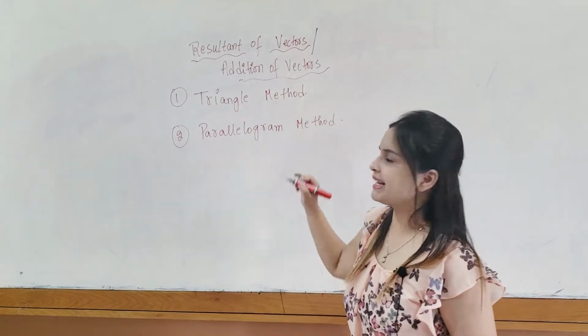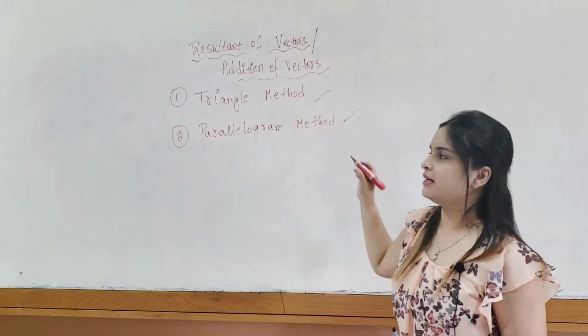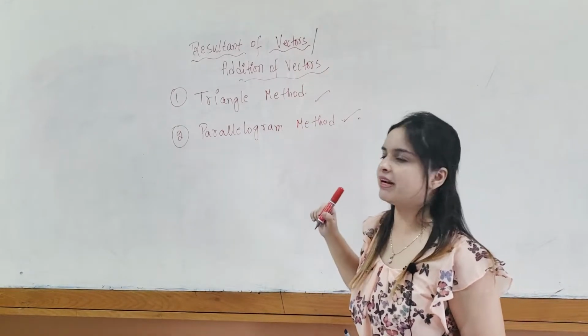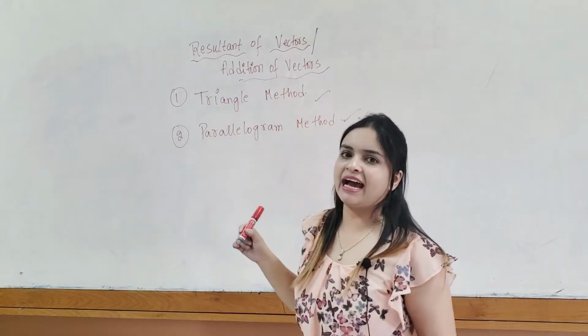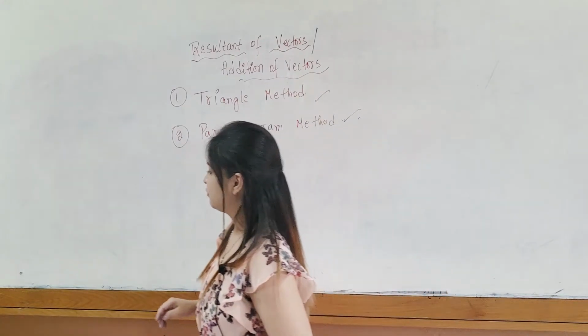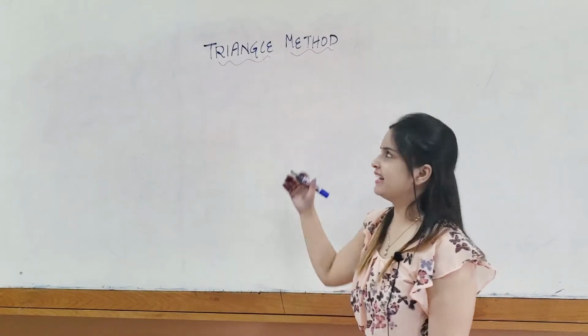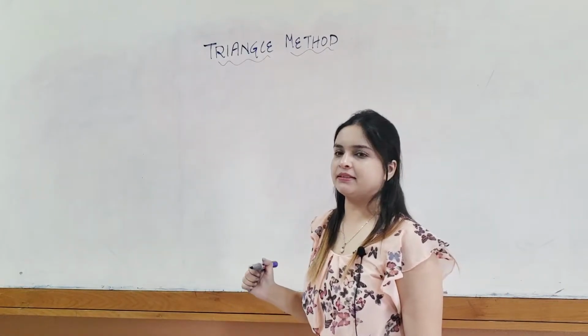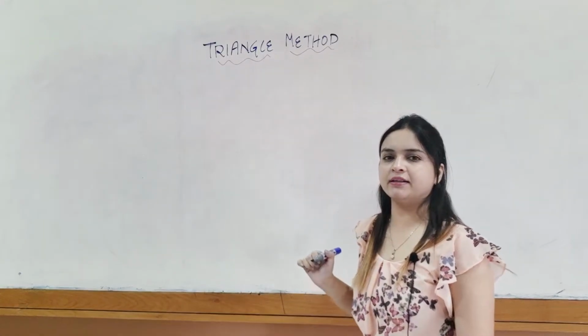So using these 2 methods, triangle method and parallelogram method, we will add 2 or more than 2 vectors. Let's see. Okay, let's start with the first method. The first method is triangle method.